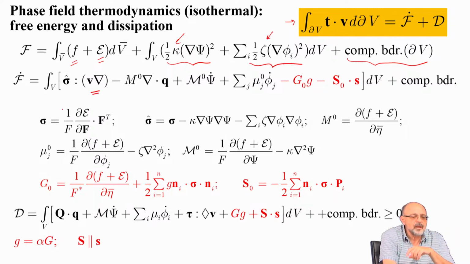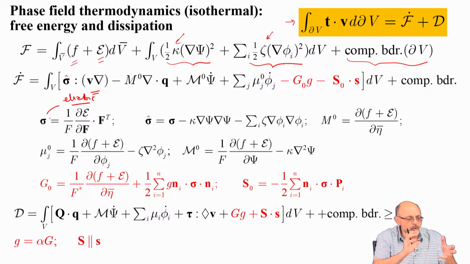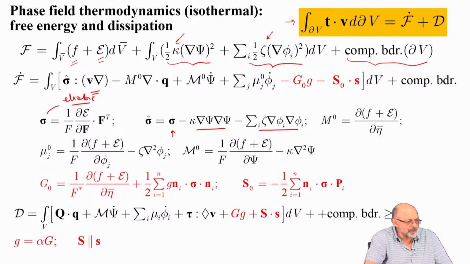This stress consists of elastic stress. This is the stress which is conjugate to elastic strain. So my total stress is elastic stress plus those capillary stresses, which come from, well, surface tension, but more complicated because these are tensors now.